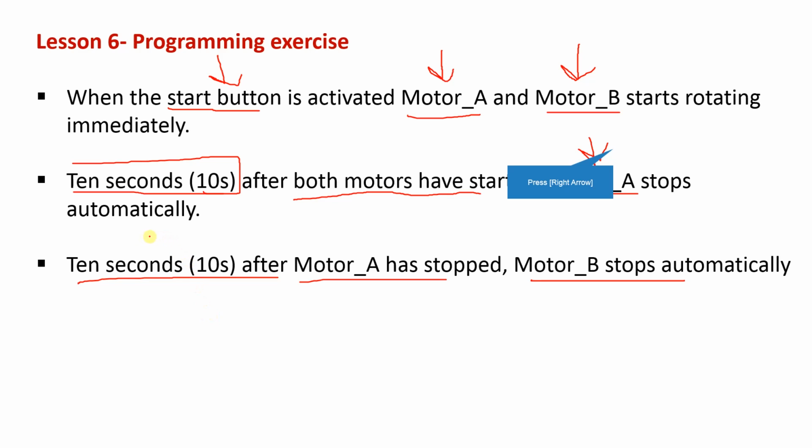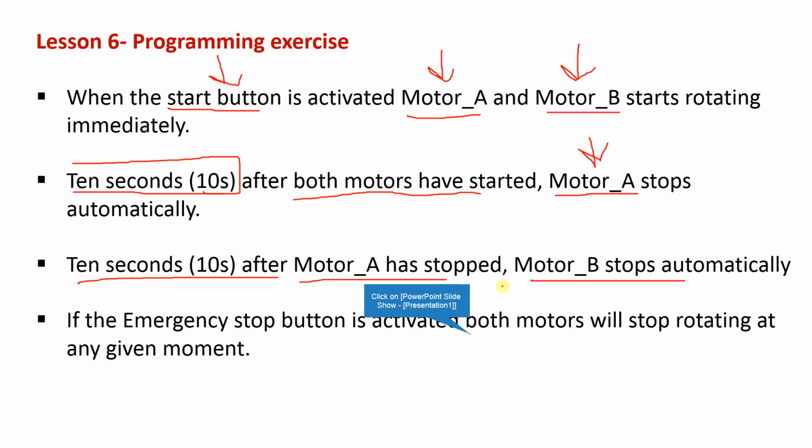So we have a situation here where when you press that button, motor A and motor B start rotating. Ten seconds later, motor A stops automatically. A further 10 seconds after motor A has stopped, motor B also stops automatically.